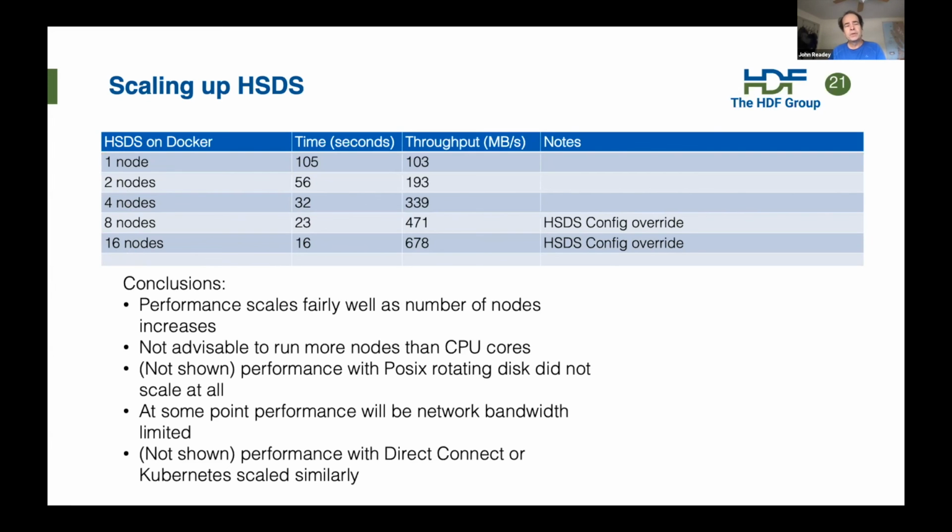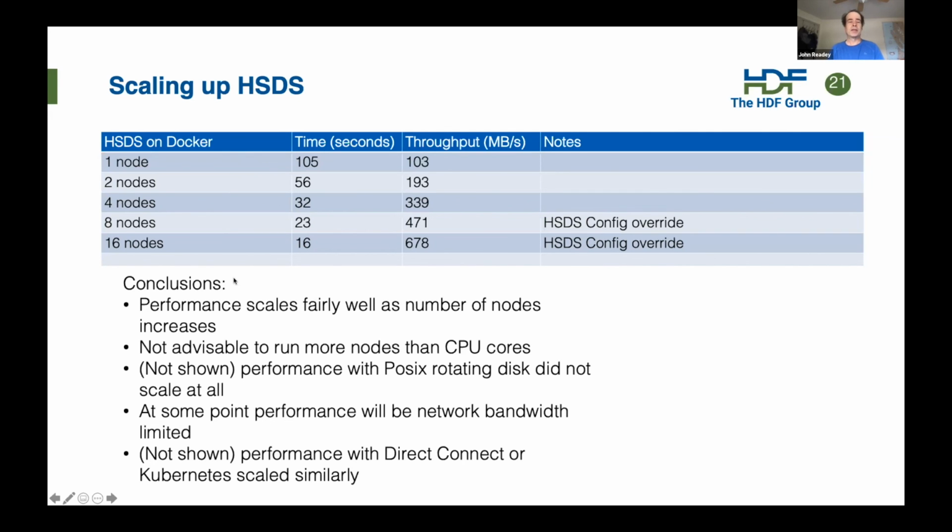But we see even with 2 nodes, we're already beating the performance of the HDF library. And again, this comes down to that with a library, you're reading one chunk at a time, whereas with HSDS, we can read multiple chunks simultaneously. And it just improves as you add more nodes to the system.